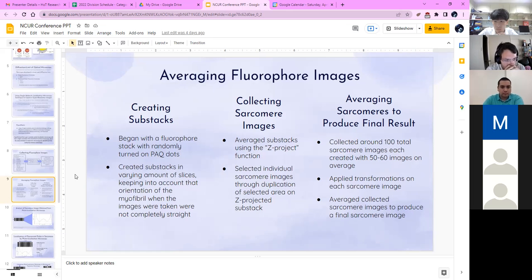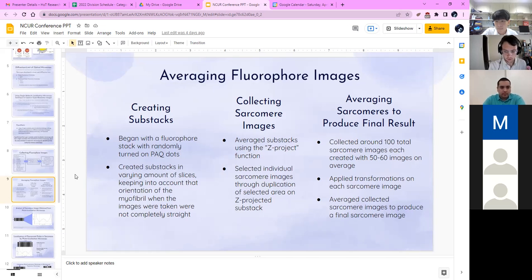This is important because depending on the density of fluorophores in a certain region of the image, I would make different sizes of substacks. With the substacks that I made, I averaged them using the z-project function in ImageJ, and then I selected individual sarcomere images through duplication of a selected area on a z-projected stack.